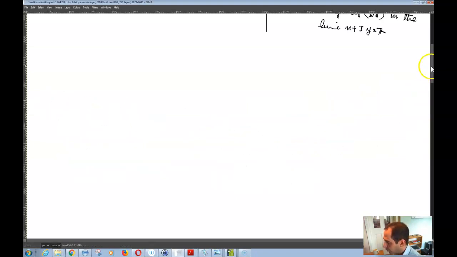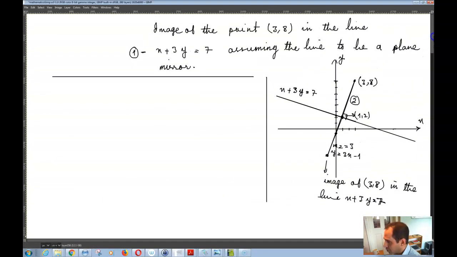And then we have a formula which calculates the perpendicular distance of some point from some line for you.